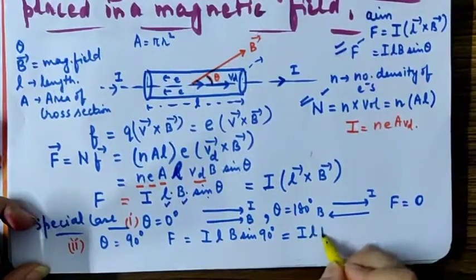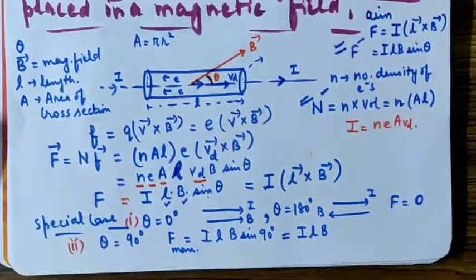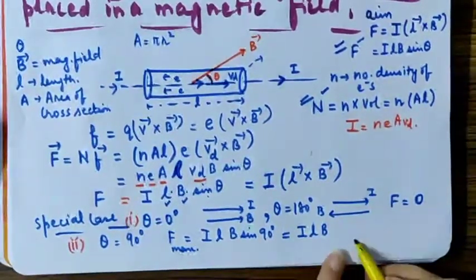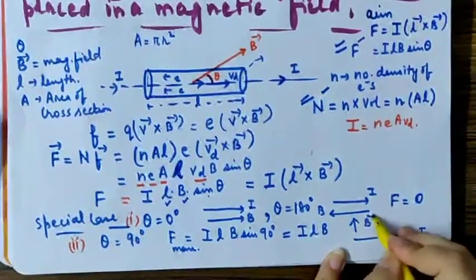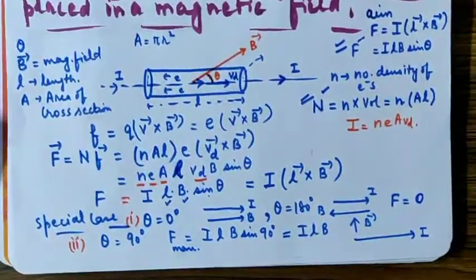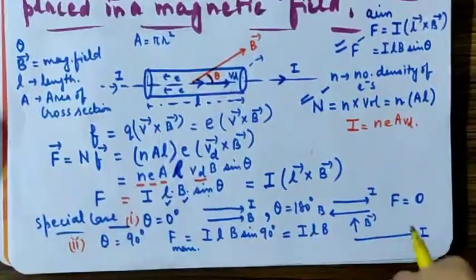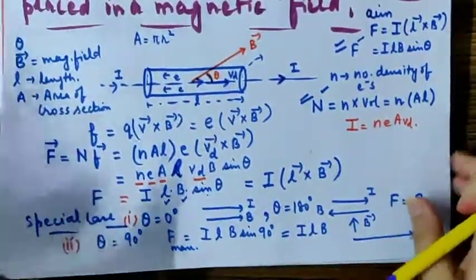So the force will be I L B. This will be the maximum amount of force which can act on a wire carrying current placed in a magnetic field, but both should be perpendicular to each other, meaning the current and the magnetic field should be perpendicular to each other. Only then the force will be maximum. Now we'll make use of this concept in the next topic. We'll have 2 straight wires in that topic. Let's discuss that one.